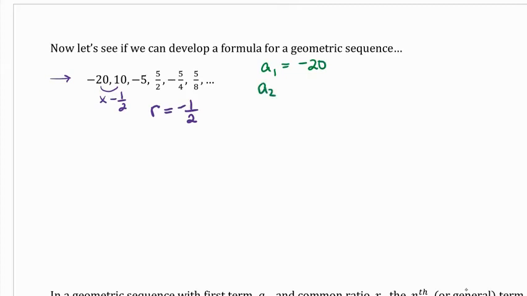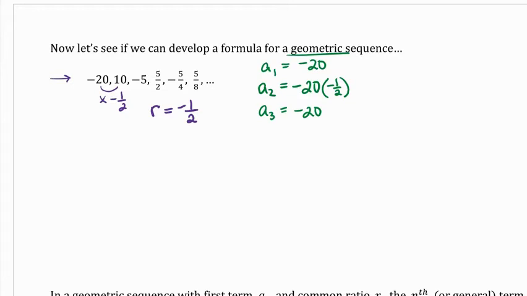To get our second term, we're going to take that first term, and because it's geometric this time, we're going to multiply by our common ratio, which is -1/2. And that gets us that positive 10. To get our third term, if we start with that first term again, we want to multiply by -1/2, but this time I need to get to the third term, so I'd have to multiply by -1/2 two times.